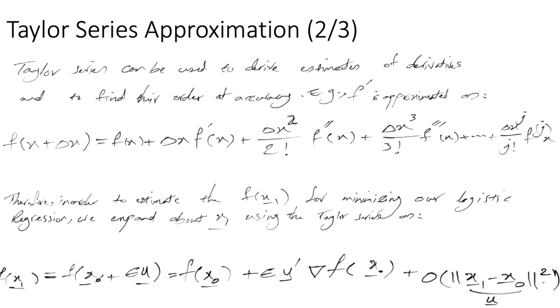So to find f of x1 on a function that we don't know about, which was the f of x, we have to find f of x0 plus our step size with the direction provided by the unit vector, and then the gradient of f of x0, plus the rest of the Taylor series expansion that we weren't going to compute because it was overshooting in our case.